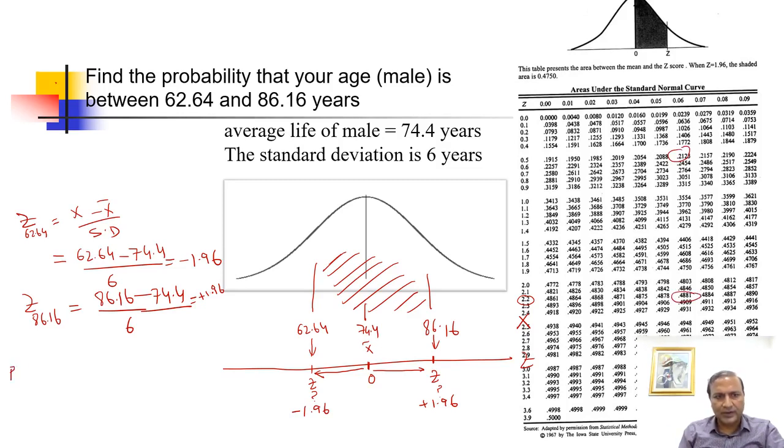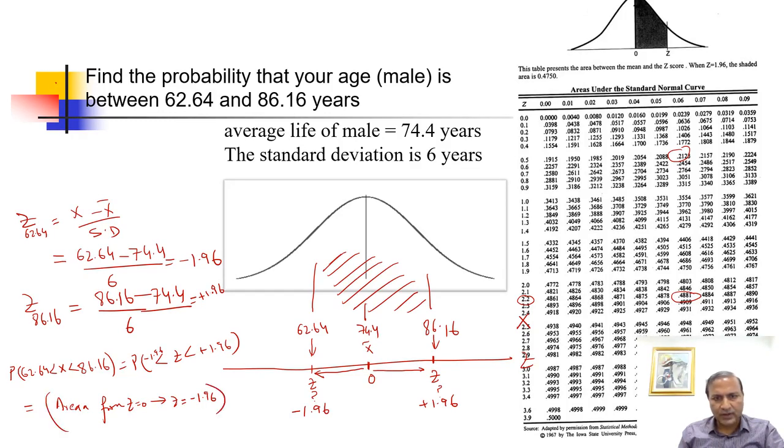0.475. So the probability that the x value is greater than 62.64 and less than 86.16 is actually the probability that z is greater than minus 1.96 and less than plus 1.96. So this is equal to the area from z equal to 0 to z equal to minus 1.96.